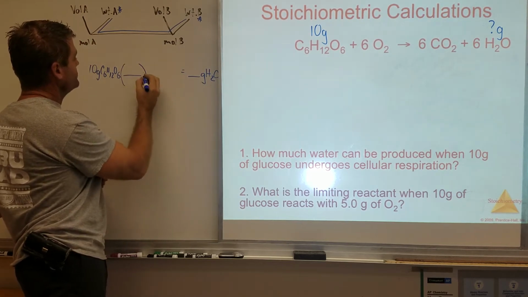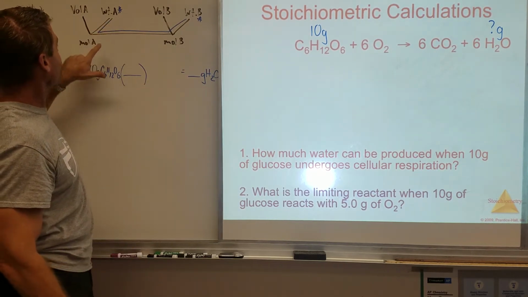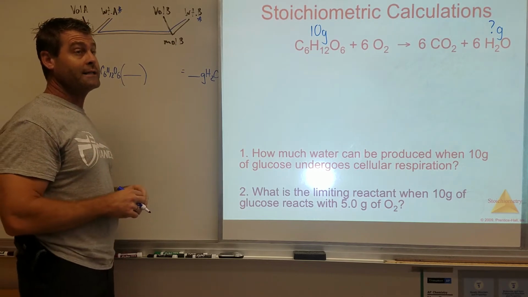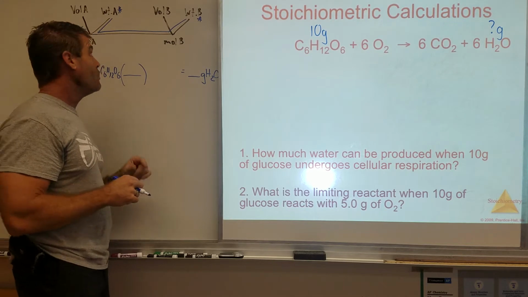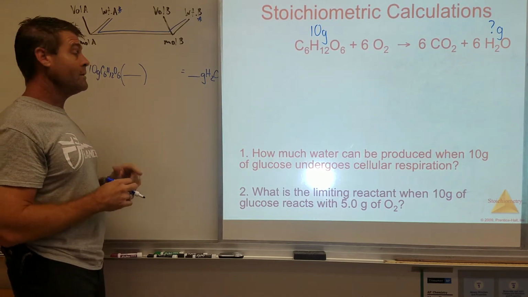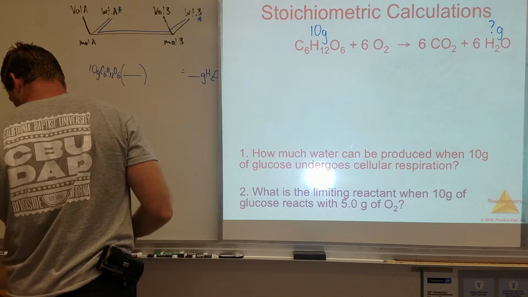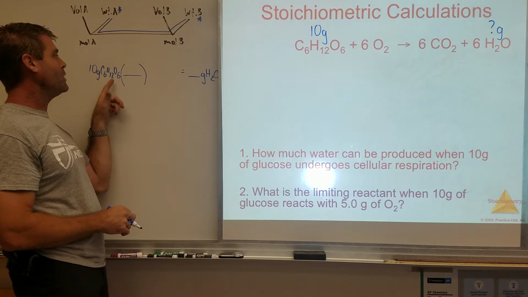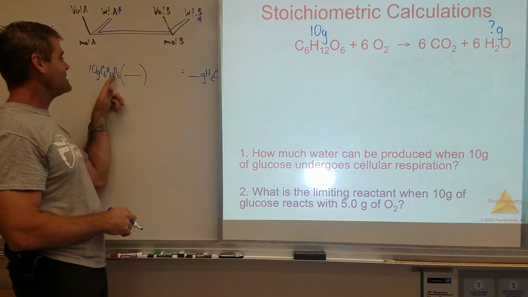First thing I have to do is convert weight of A to moles of A. To do that, you use your periodic table and add up all the individual atomic weights of the atoms that make up that compound, and that gives you the molar mass. It's 180: carbon weighs 12, hydrogen 1, and oxygen 16, and I have 6 of those and 6 of those.